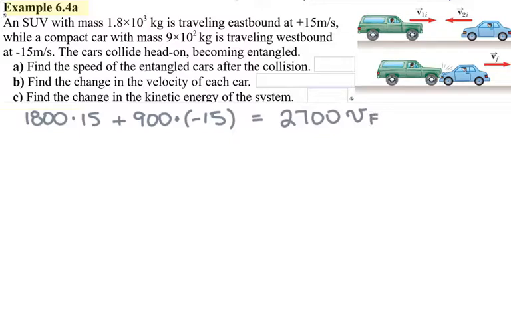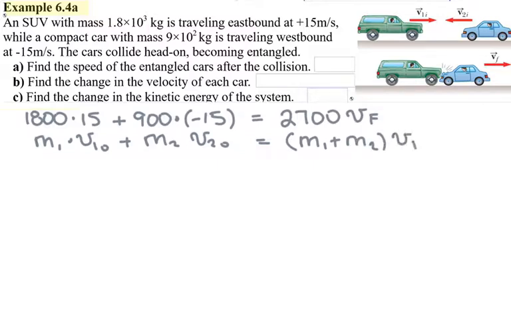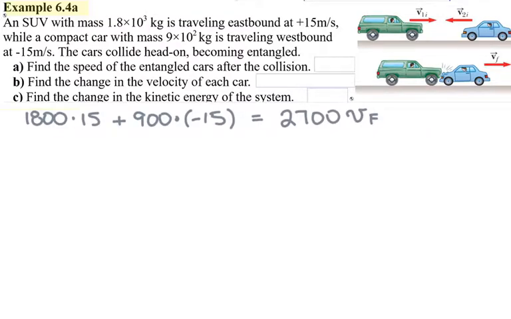So from here, what I did is this: mass 1 times velocity 1 initial plus mass 2 velocity 2 initial is equal to mass 1 plus m2, they stuck together, moving at some final velocity. So now I see that I can divide all three of them by 3.